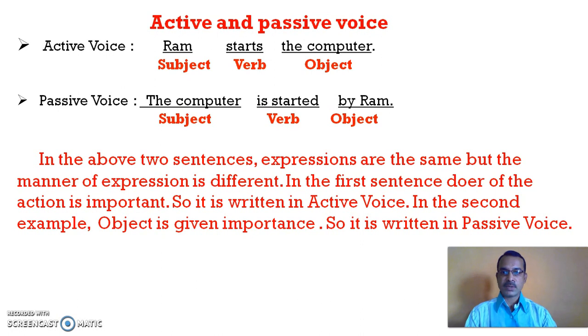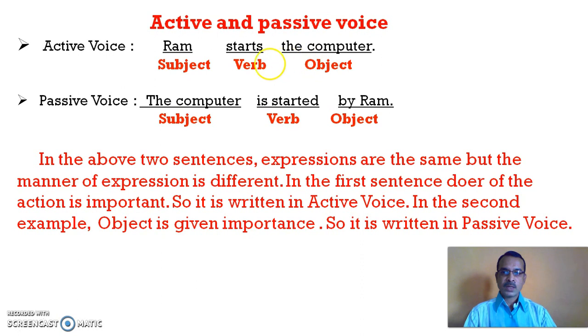In this example, we find that the first sentence is written in active voice, that is, Ram starts the computer. While converting the sentence into a passive voice, at first we have to identify the subject, the verb, and the object of that particular sentence.